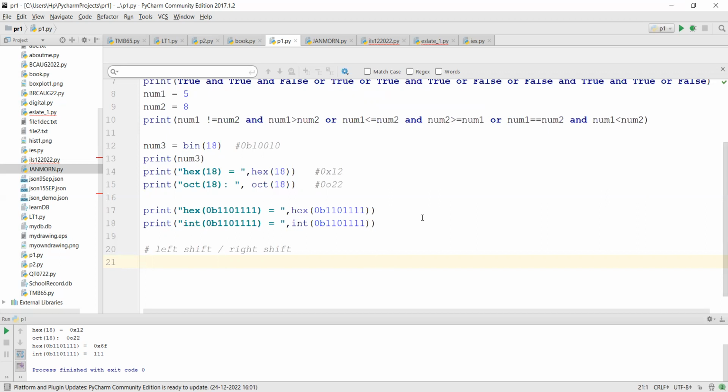Okay, somebody else joined. Kuldeep, yeah. So I'm saying left shift means move towards left.